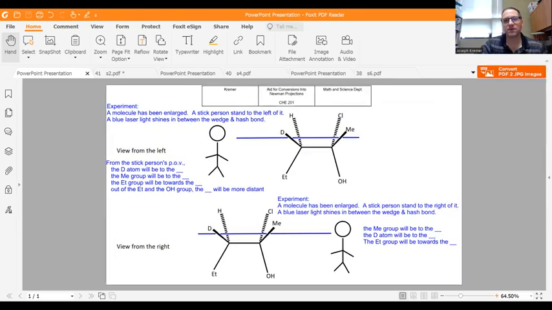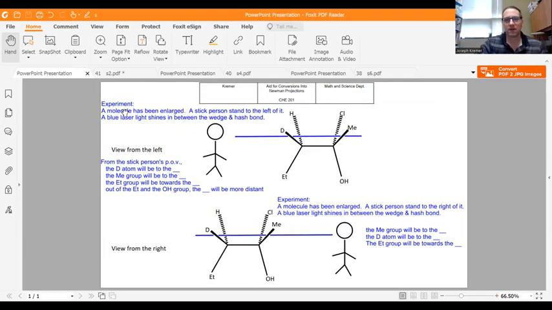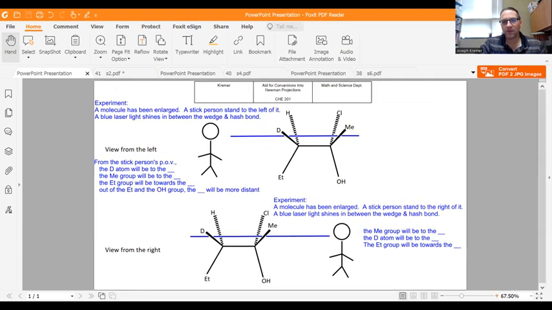As you see, I have some notes already prepared. So let's consider an experiment where a molecule, such as I have here, has been enlarged so that it's 6 feet tall, the same height as a human.